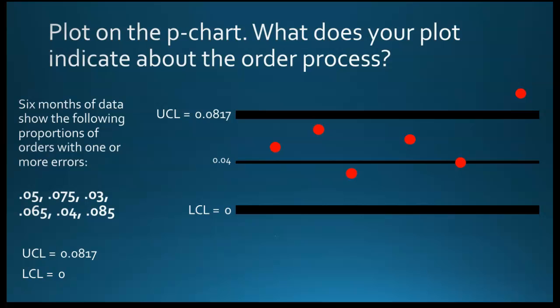But since our 6th piece of data is above our upper control limit, the entire process is out of control. So when you're working through a problem like this, you can choose either to make a P chart or an NP chart, and your conclusion will end up the same.